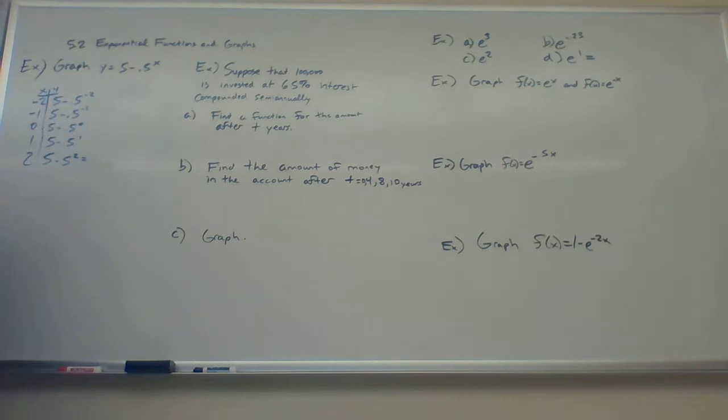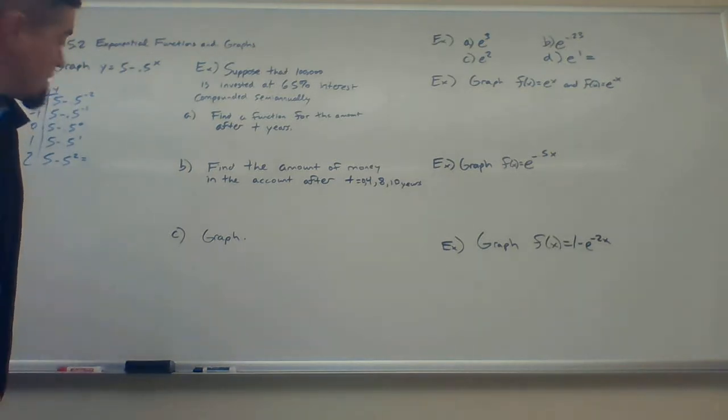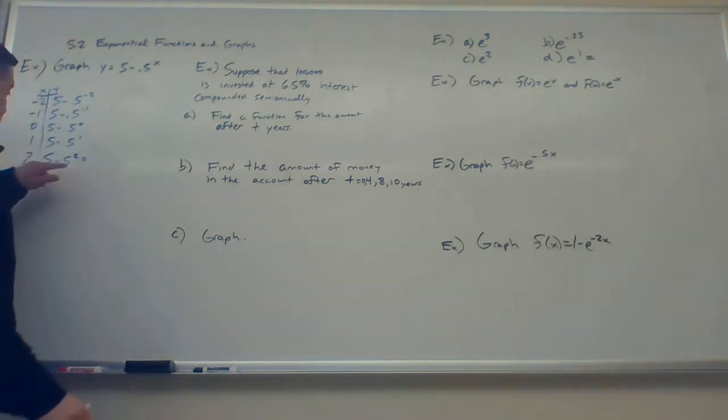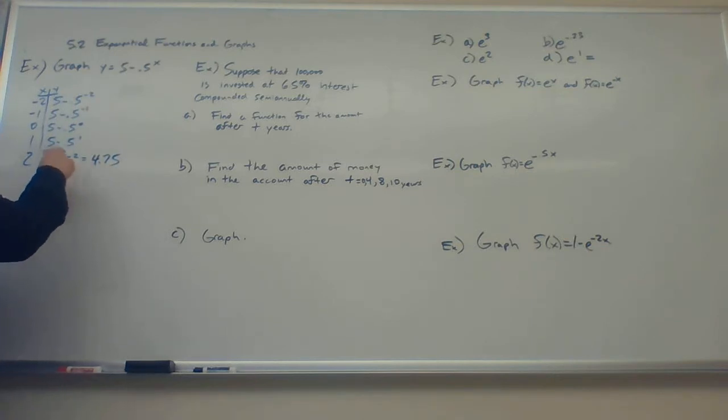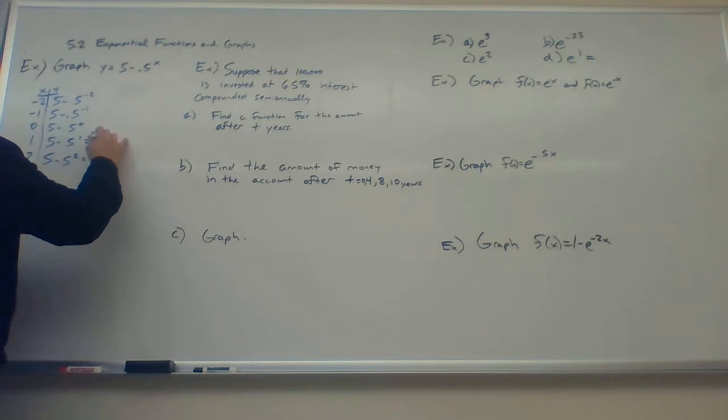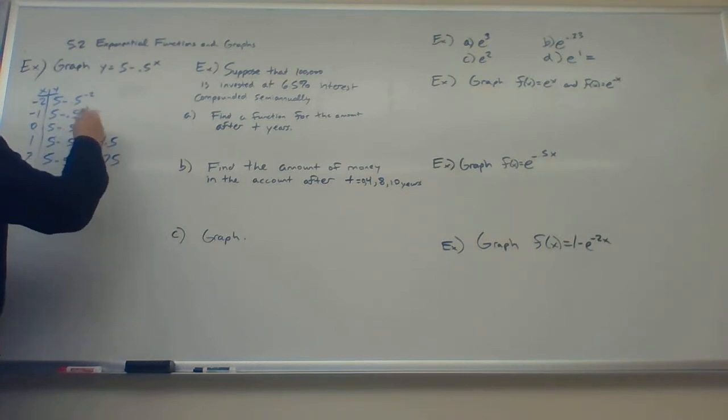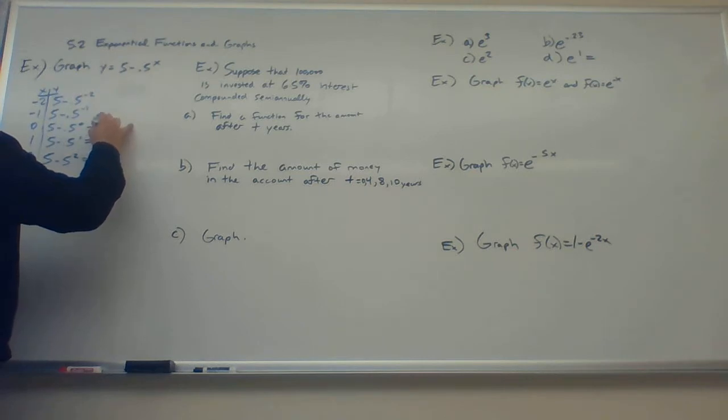Well, 0.5 squared is kind of like half squared, so that's 0.25, or half times half is 1/4. But we'll leave it as decimals. 5 minus 0.25 gives you 4.75. 5 minus 0.5 is 4.5. 0.5 to the 0 is 1, so 5 minus 1 is 4.